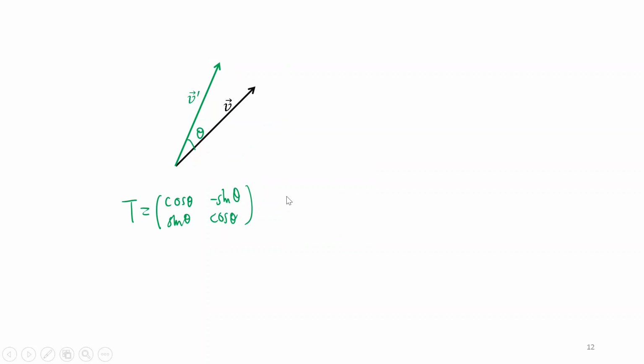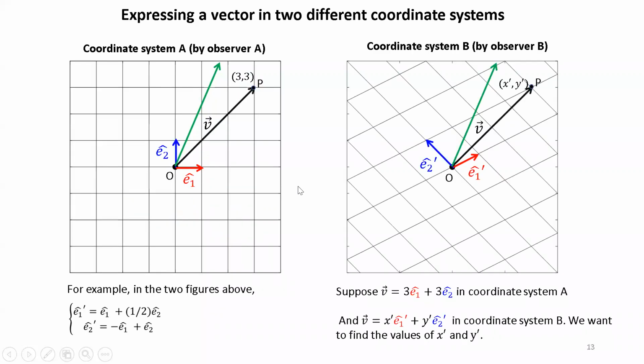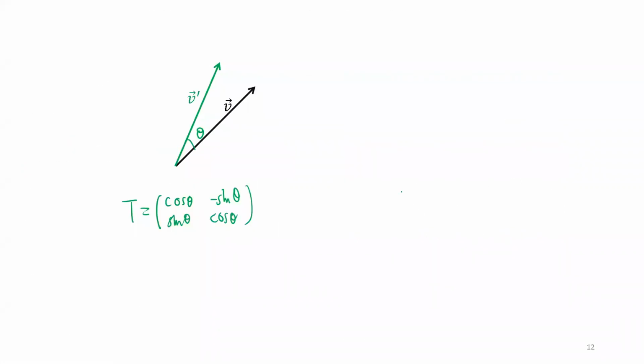Now, if I'm going to use this coordinate system instead, but I'm actually doing the same thing, the same rotation here, how does this transformation matrix look in this coordinate system B? I hope it's clear. I'm actually changing a vector.